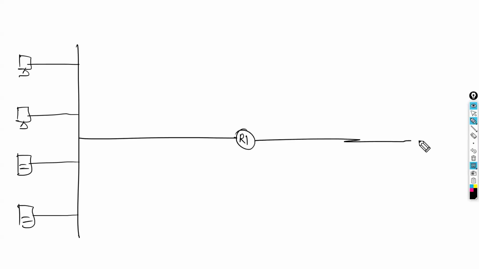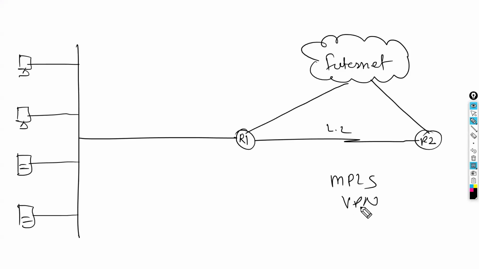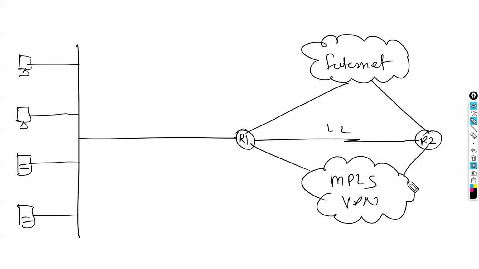A router can be connected with another branch with the help of a leased line, with the help of an internet connection, and with the help of MPLS VPN we can connect different branches.